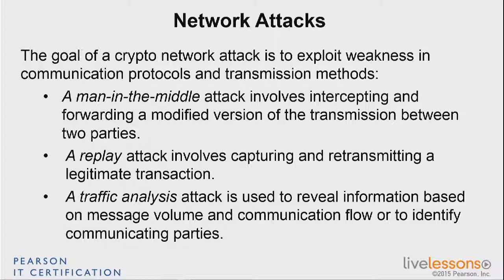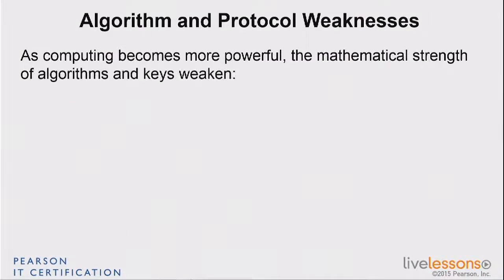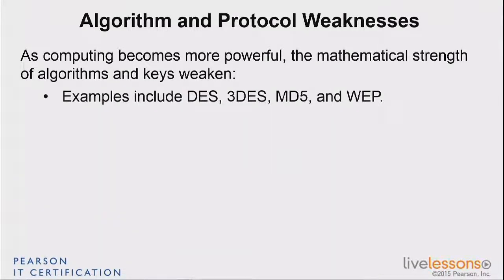As computing becomes more and more powerful, the mathematical strength of algorithms and keys weaken. Examples of protocols and standards that have been weakened include DES, Triple DES, MD5, and WEP, Wired Equivalent Privacy.